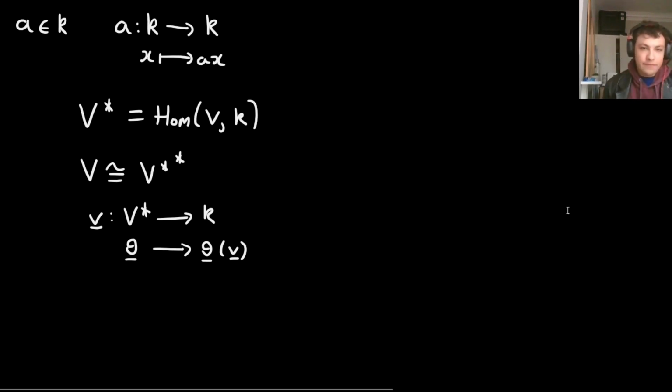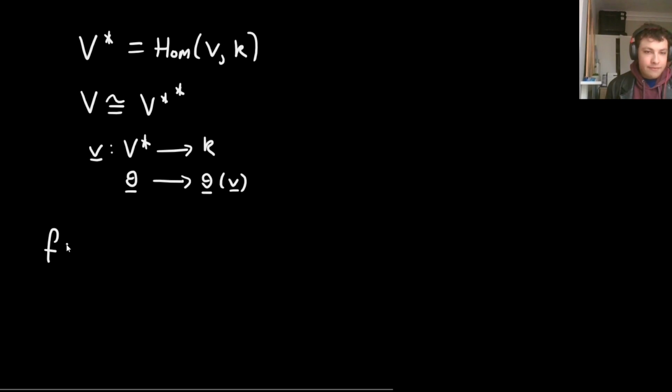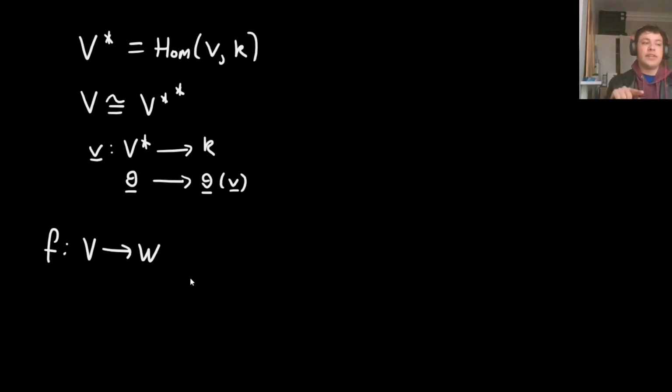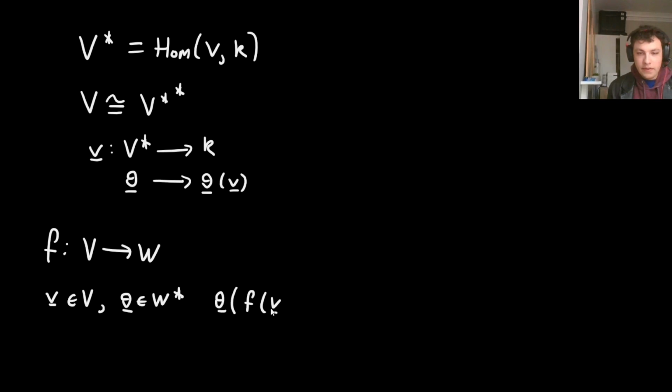Now let's say we've got a linear map f from V to W. This is actually also a tensor because we give it a vector v, and it's going to give us a vector in W. So if we give it a vector in V and a dual vector theta in W star, then theta of f of v is an element in K, and this map is linear both in the theta argument and in the v argument, so f is also a tensor.